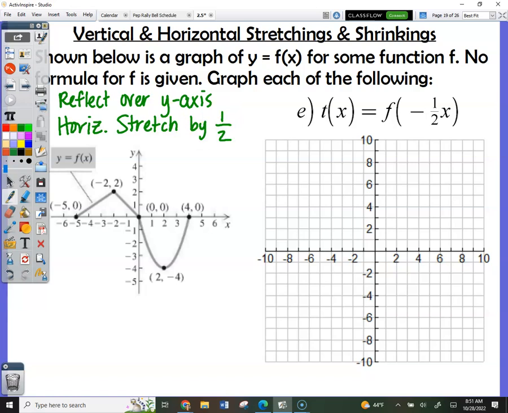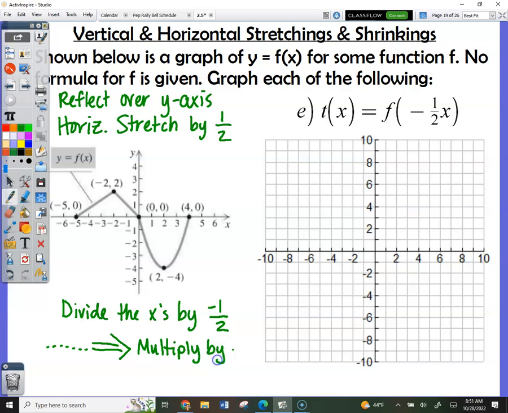So this is the same type of problem as the last one. When I go to divide the x's by negative 1/2, I'm actually going to be doing what? I'm actually going to multiply by negative 2.